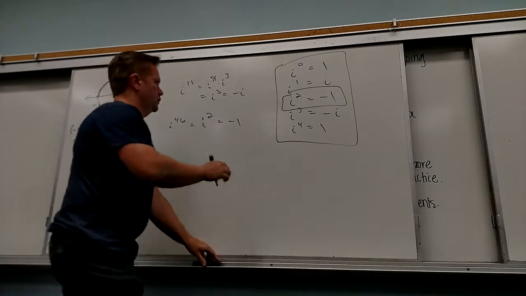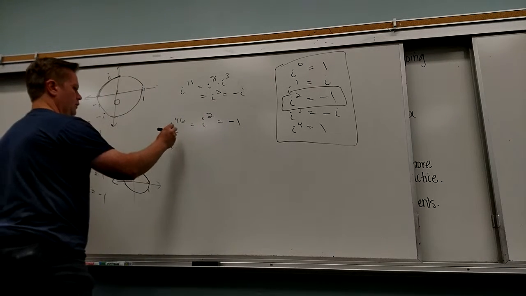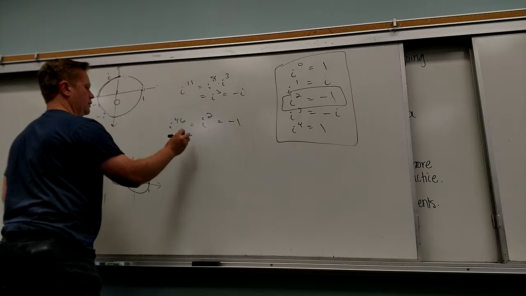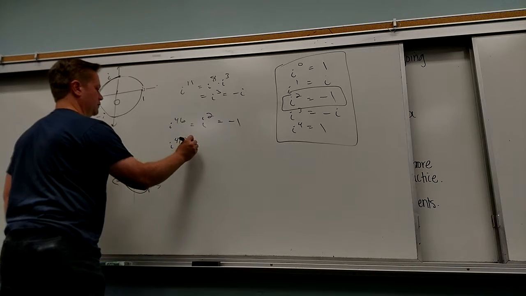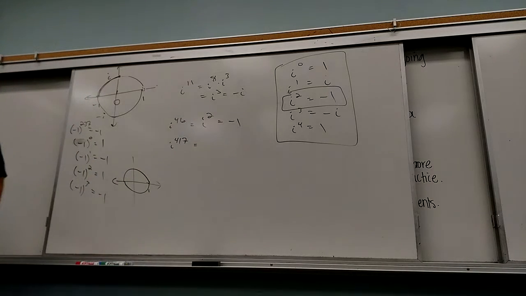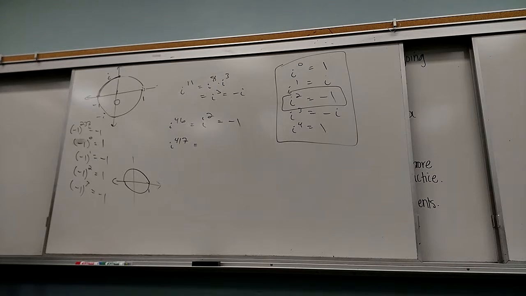Okay, let's do another one. What about i to the 417? What do you got, Jeff? 417. What does 4 go into? That's near 417. 416? 416, right? 4 goes into 416.